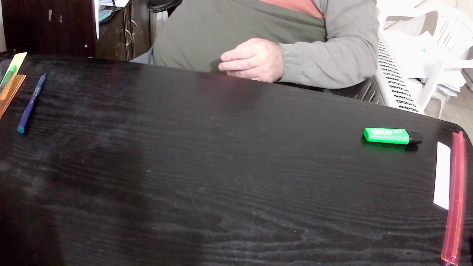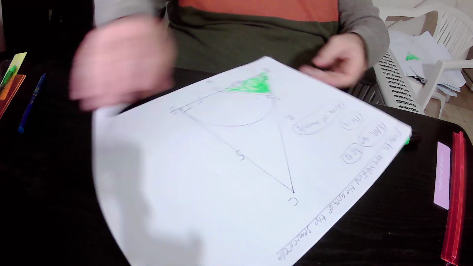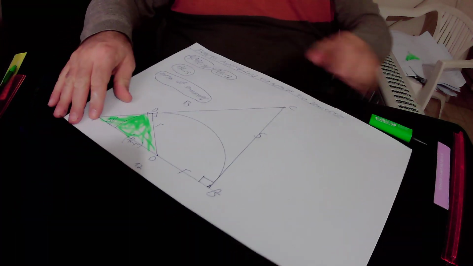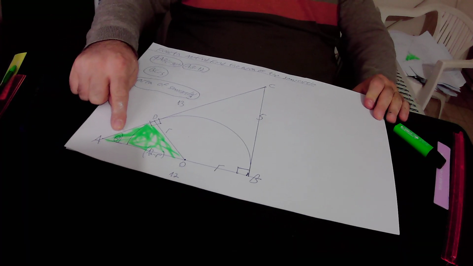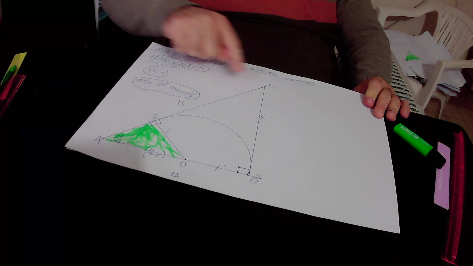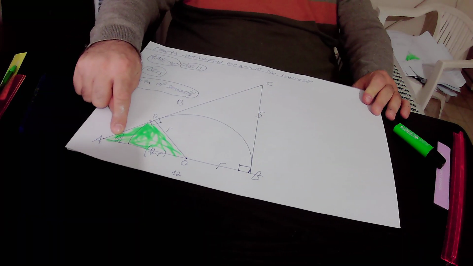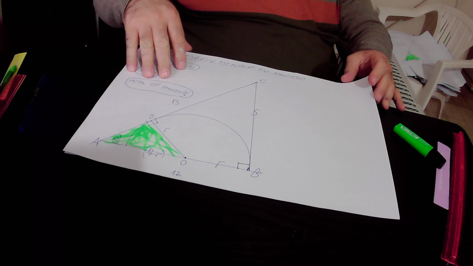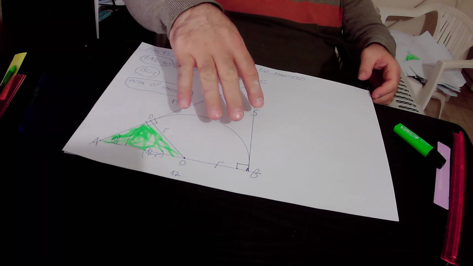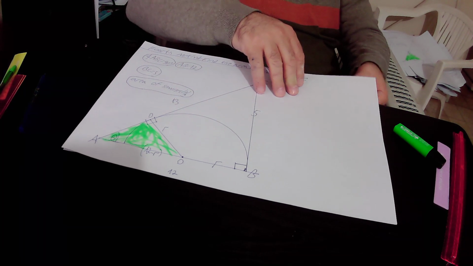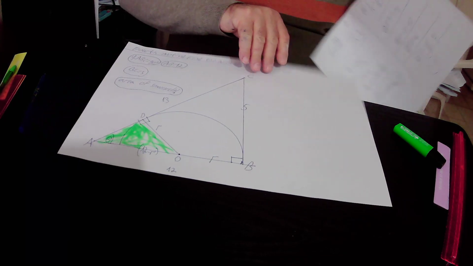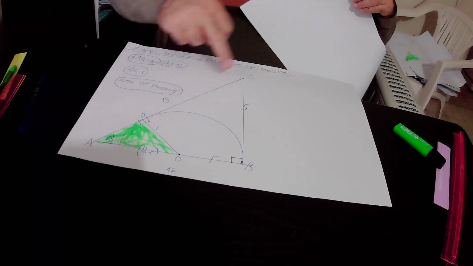In the fourth method, we defined this angle CAB as angle theta, and then we focused on the right triangle ABC.